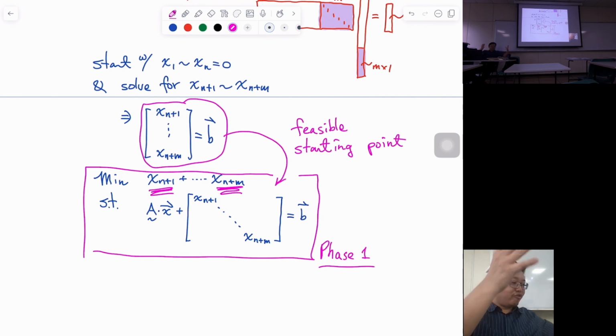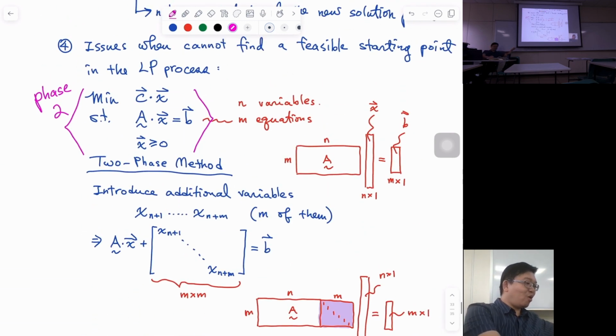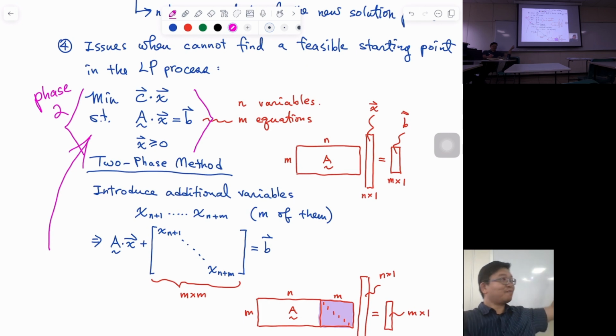If we are able to find a solution such that all of them equal 0, then the rest of the variables will satisfy Ax equals b. So that solution definitely will be a feasible starting point for the phase 2 problem, the original problem. Okay?